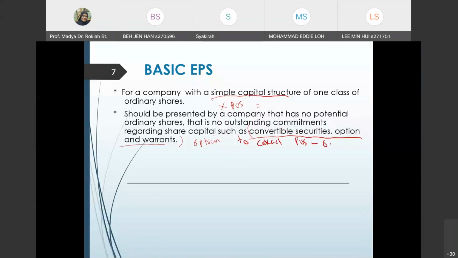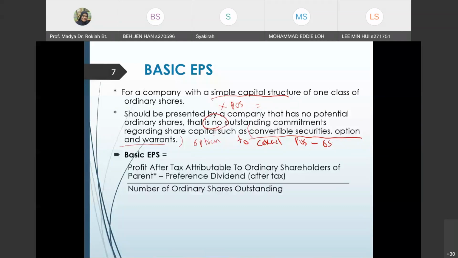If the company does not have any outstanding commitments, calculating earnings per share is very simple. You just use profit after tax attributable to the ordinary shareholders of the parent.